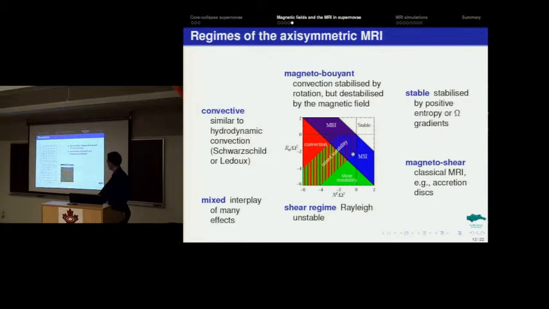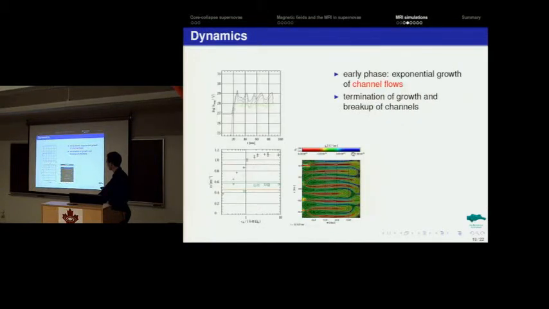Now, this shows a comparison between analytic growth rates, those vertical and horizontal lines, and simulations in the symbols. As you increase the resolution, which is going in this direction, we converge to the correct growth rate.